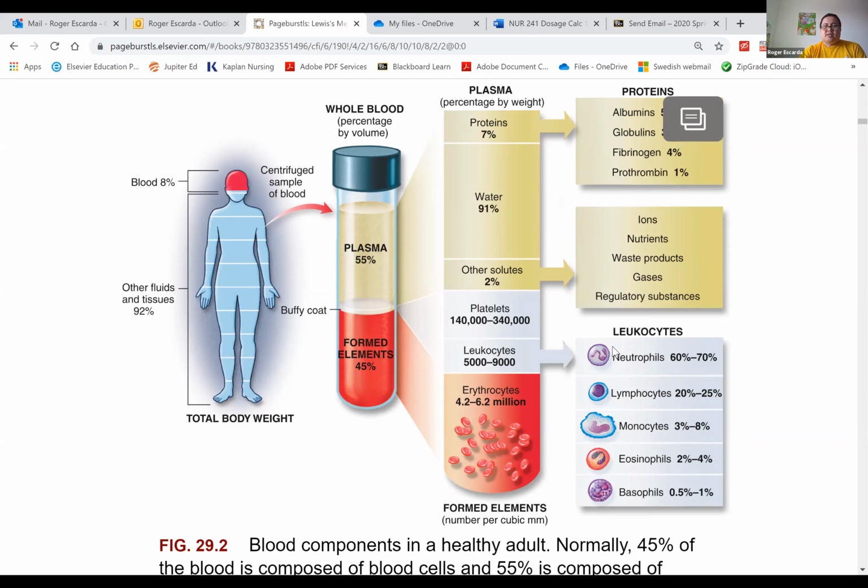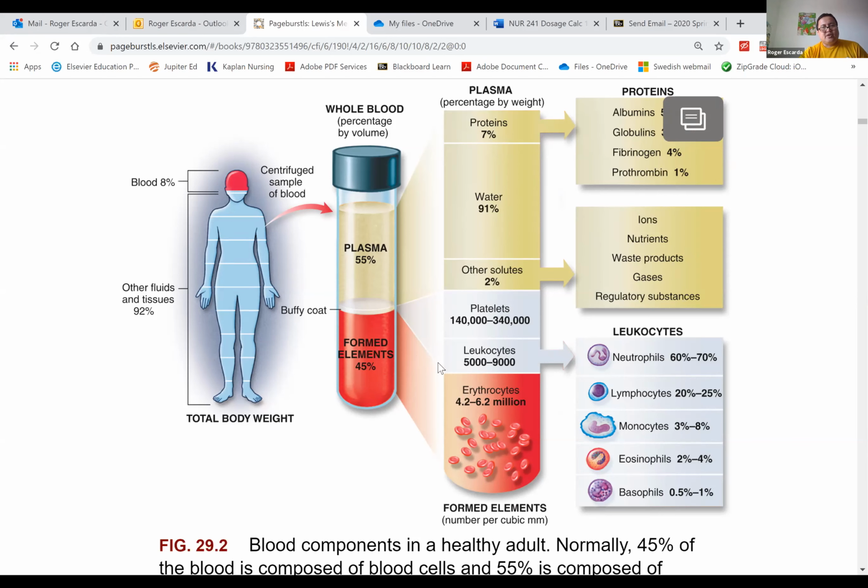Now, what does it say when you open your patient's blood results? Let's say you open the CBC and it shows a total WBC count of 20,000.